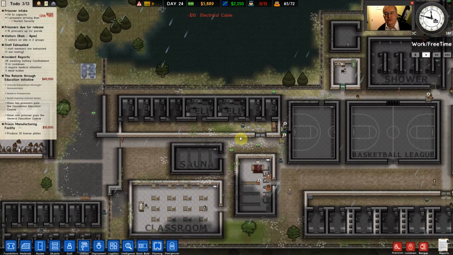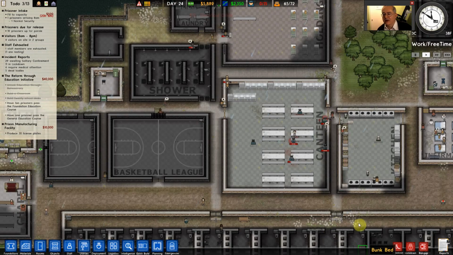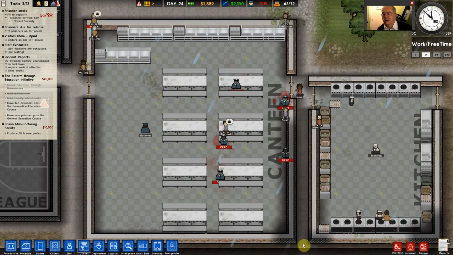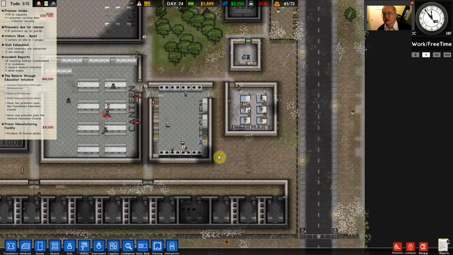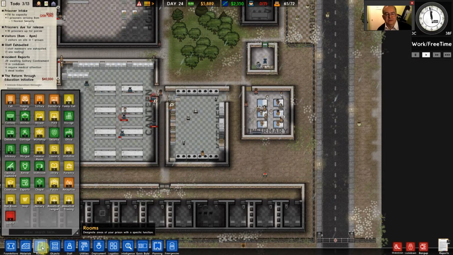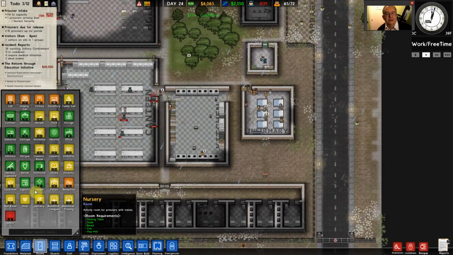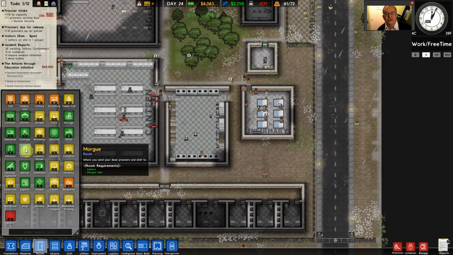Phew, crisis kind of resolved now. I need to keep about £5 in cash, clearly, and I need to build a morgue. What's the problem with the morgue? Indoors, morgue slab, that's it. Alright.